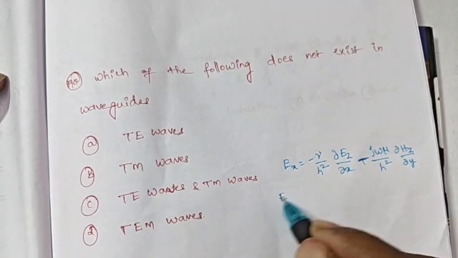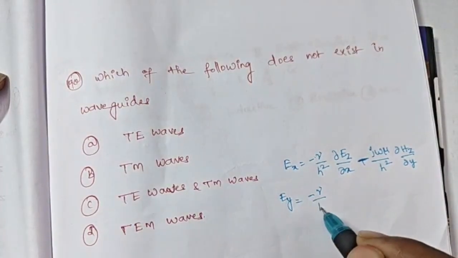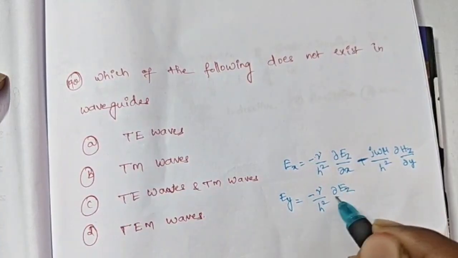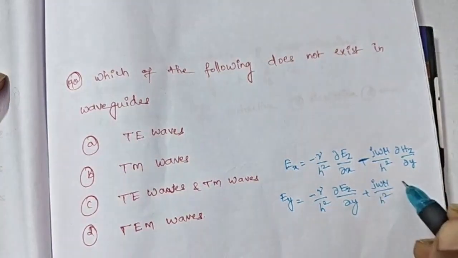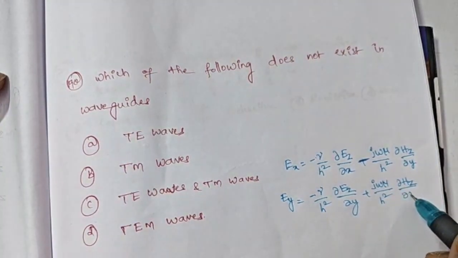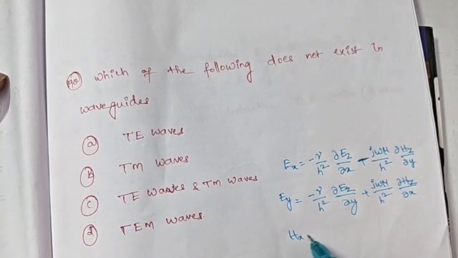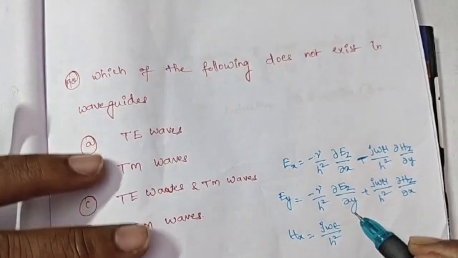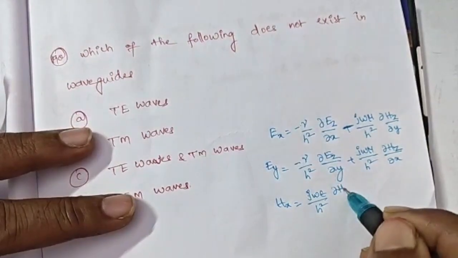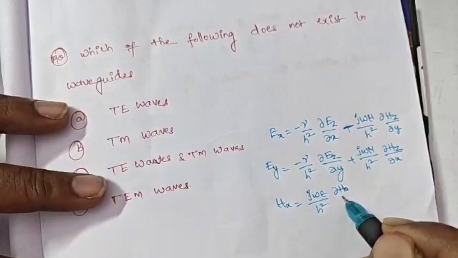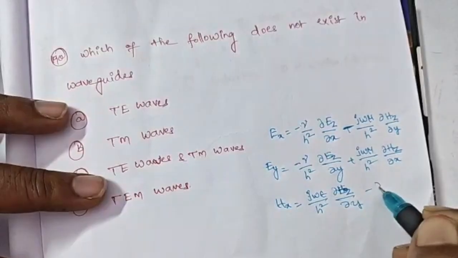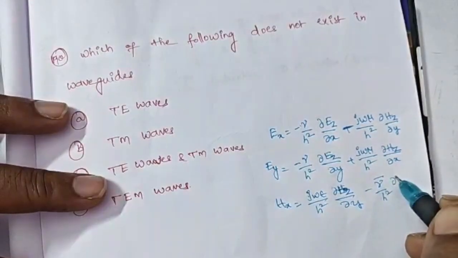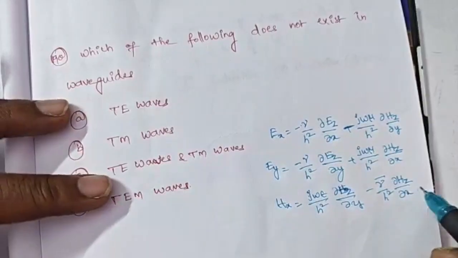Similarly, Ey is minus gamma by h square dou Ez by dou y plus j omega mu by h square dou Hz by dou x, and Hx is j omega epsilon by h square dou Ez by dou y minus gamma by h square dou Hz by dou x.